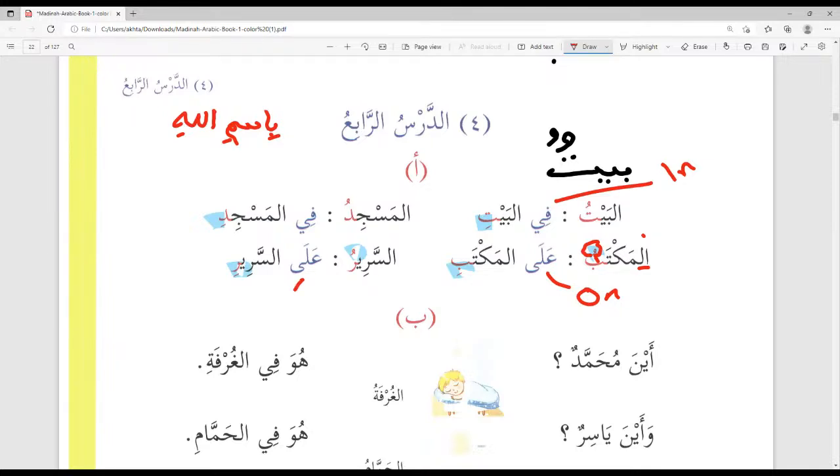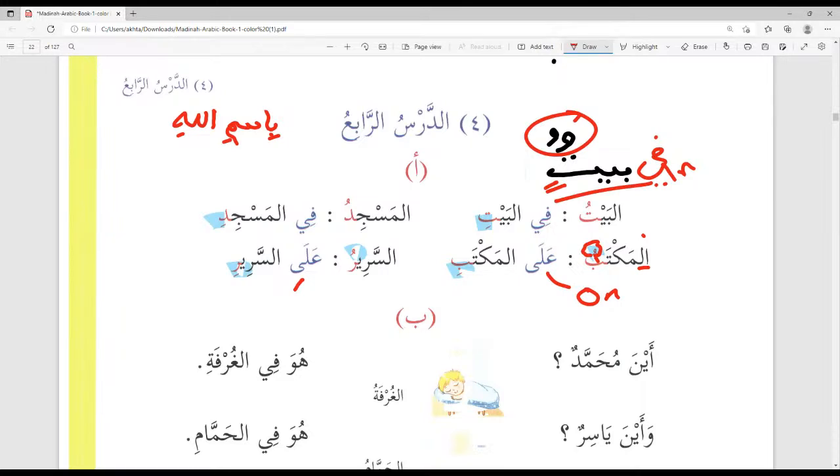So fi means in, ala means on, and when they come before a word, they change it from having a dhamma to a kasra. For example, we have the word up here, baytun. If we put fi before it, it changes it from 2 dhammas to 2 kasras.